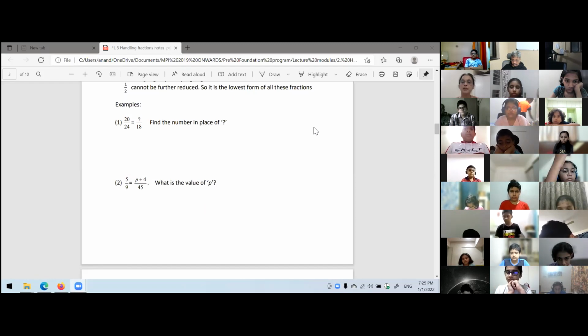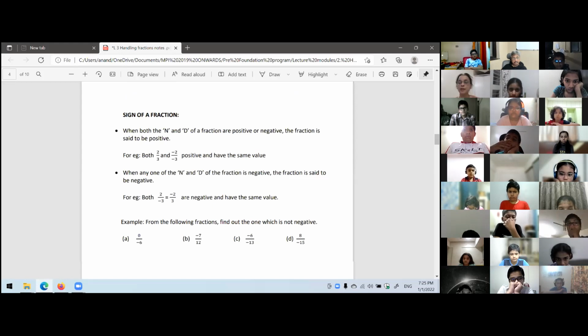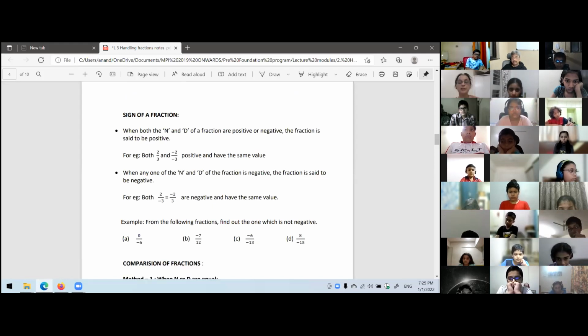Now, a very common question that is asked is, when is a fraction positive and when is it negative? Please understand that when both the numerator and denominator get a minus sign, it means plus. 2 upon 3 and 2 upon minus 3 is the same.